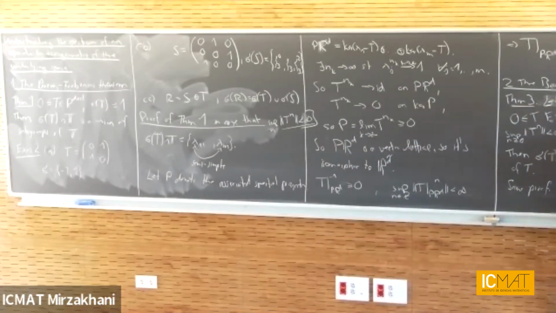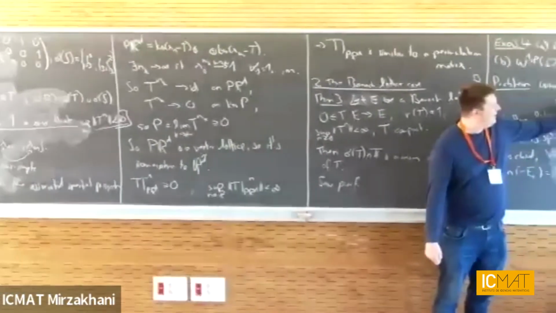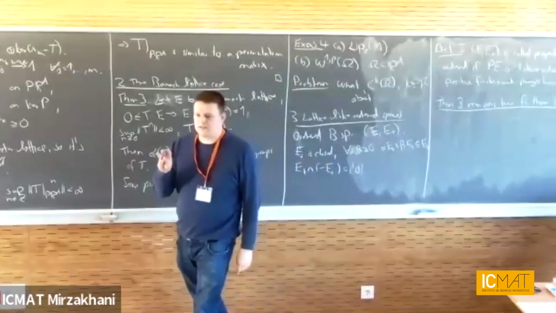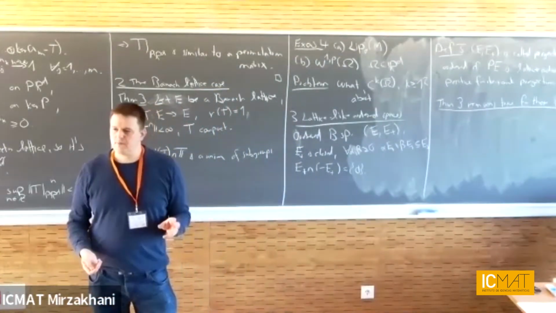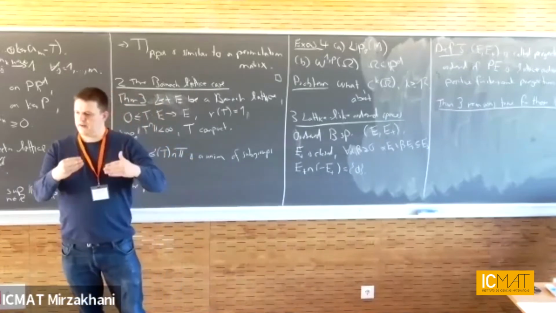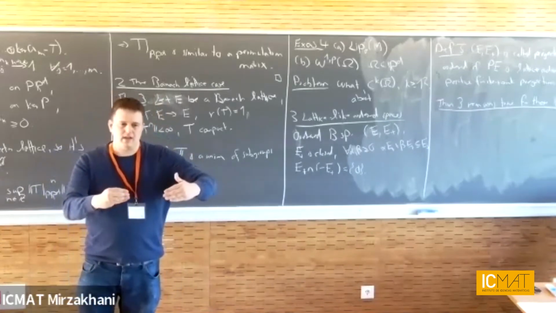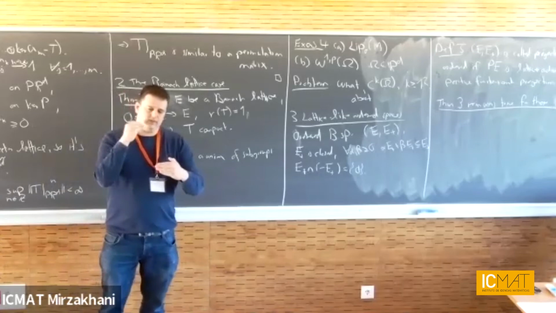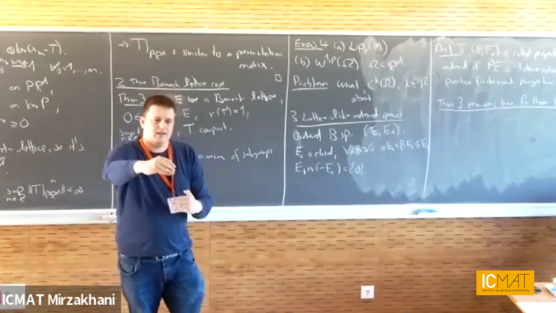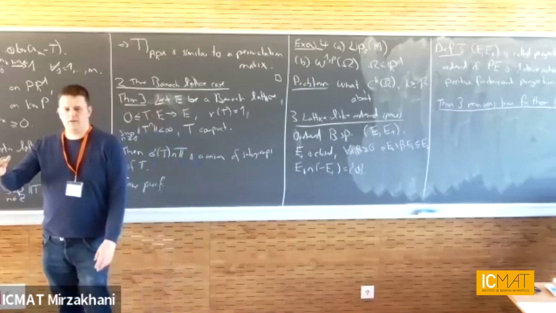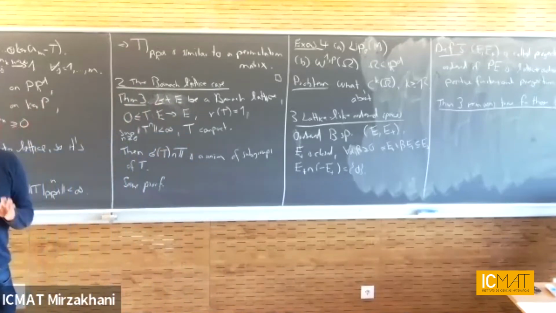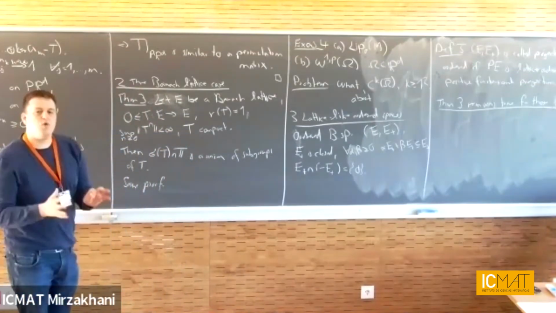Well, first remark. If Omega is one-dimensional and k is 1, this is a property which some of you might know. It has the so-called Riesz decomposition property. The Riesz decomposition property means if you have two positive vectors, f and g, the order interval from 0 to f plus g is the same as the order interval from 0 to f plus the order interval from 0 to g. This is weaker than being a lattice.